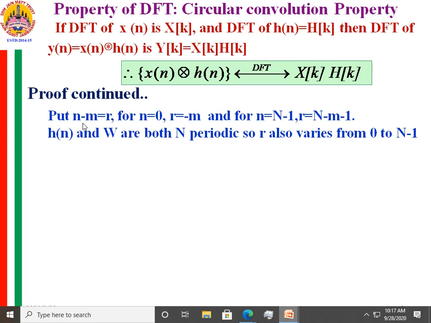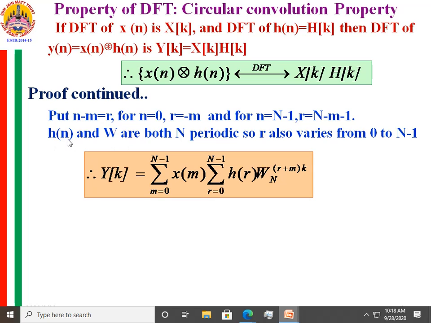Now what we do is we replace, in the second part of summation where we have h of n minus m, n minus m with r. So if n is equal to 0, r will be equal to minus m, and for n equal to N minus 1, r will become equal to N minus m minus 1. h of n and W both are N periodic.